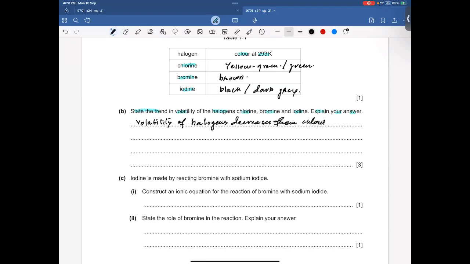And the reason for this is that when we move from chlorine to iodine, the number of electrons increases.